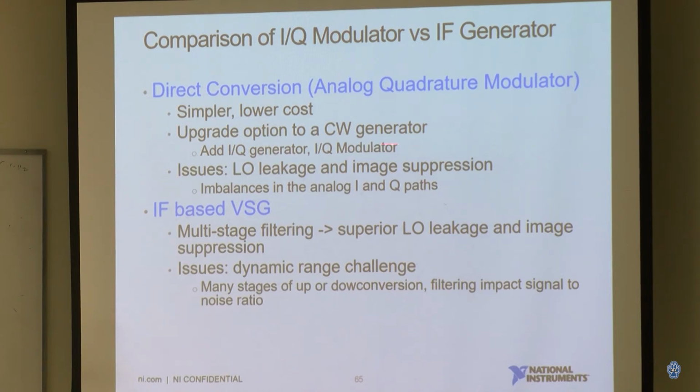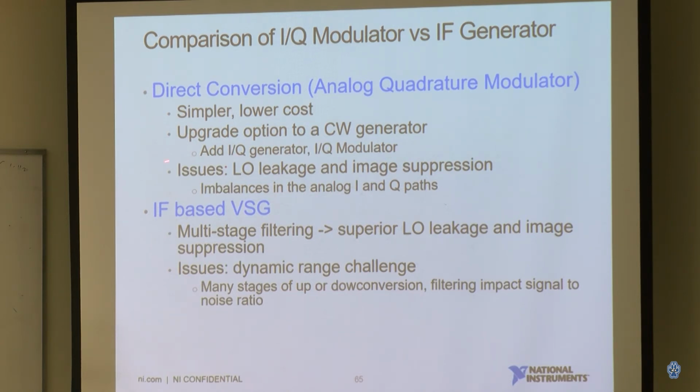And when you have an IF base, like you have another up conversion method, you have dynamic range challenges. That means your system linearity will be degraded by adding more conversion stages. So different architectures have different challenges.